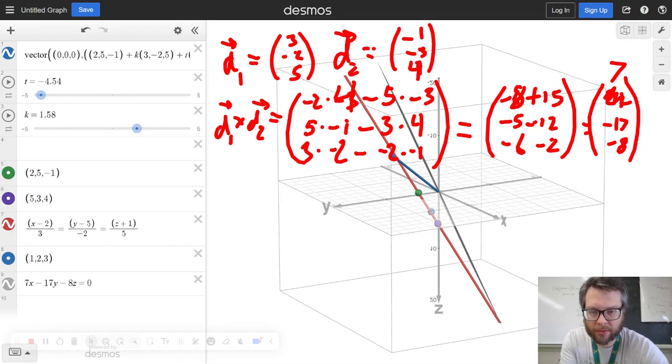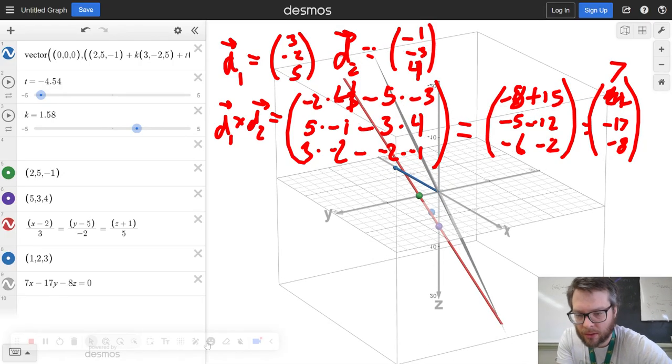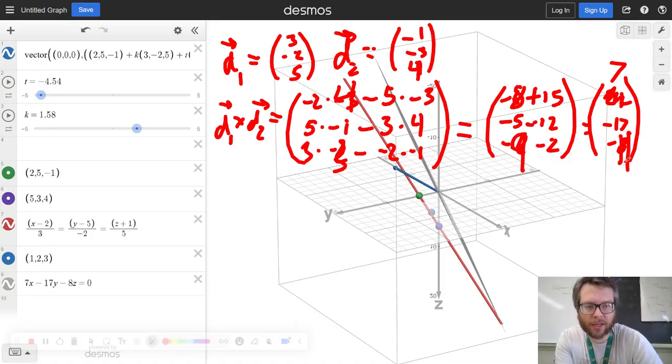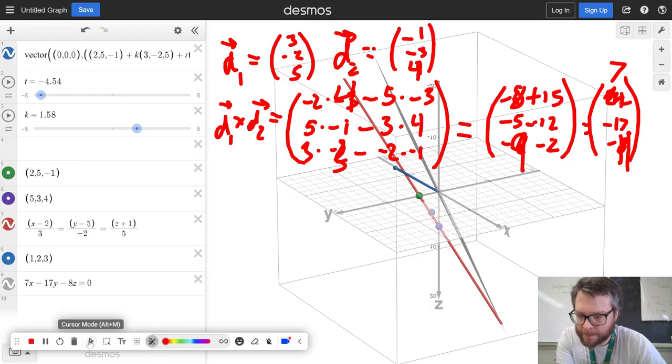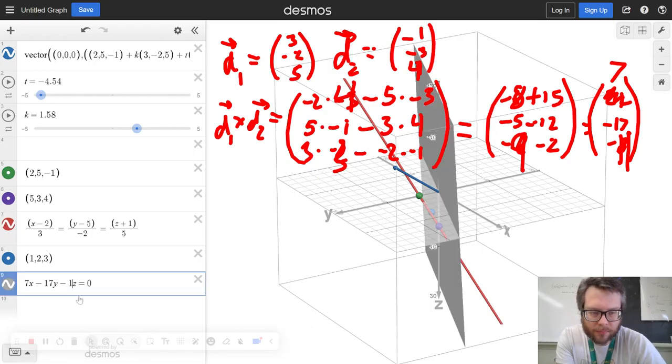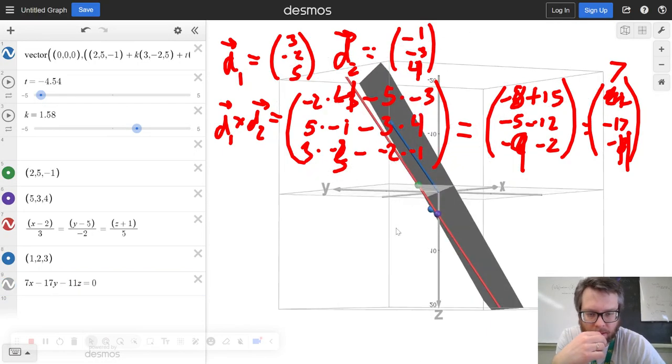This should be a -3. So I made multiple mistakes. A1, B2, A2, B1. So that'd be -9. So this is -11. Okay. Now that looks better.